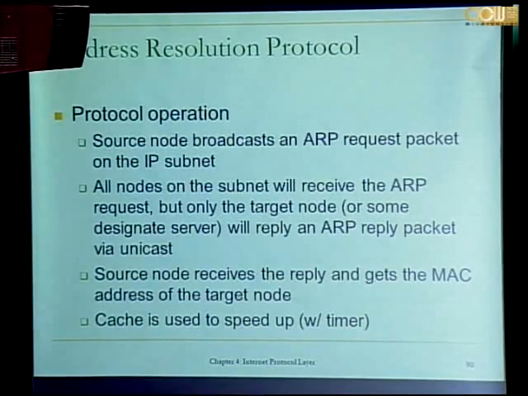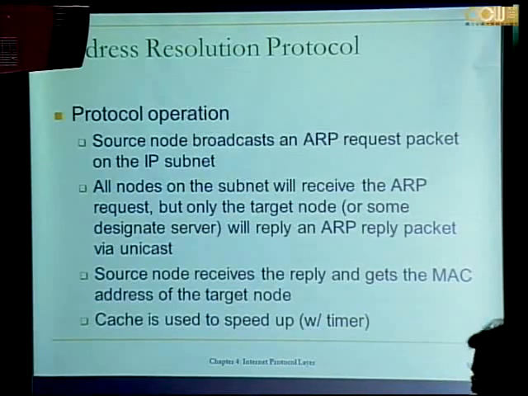And let's look at how to translate the IP address to MAC address first. If you have the IP address of a host or a station or router, and you want to know its MAC address, what you do is send an ARP request, and that ARP request is in broadcast mode.